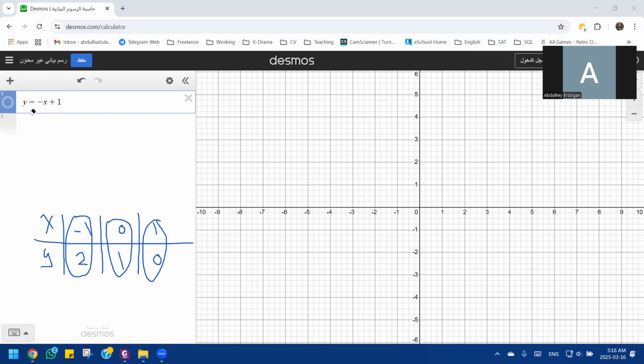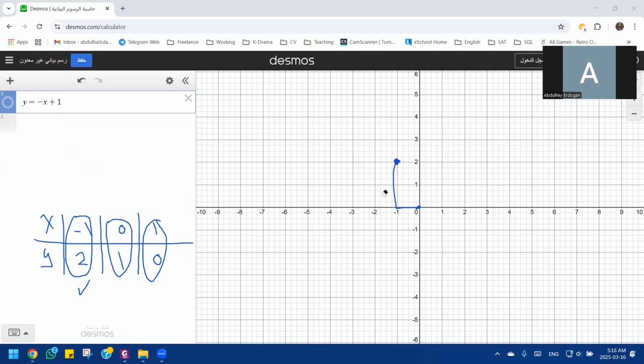Now if I put them on the graph, the first point, x minus 1. So I'm standing here on the origin. Minus 1, it means go to the left 1 step. Then y equal to 2, go up 2 steps. So this is the first point.